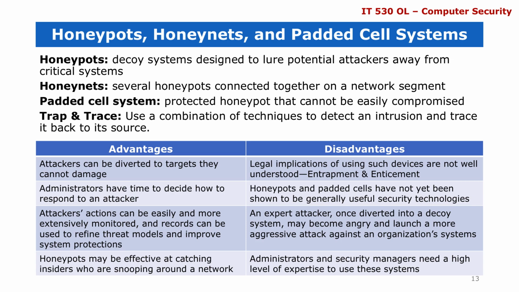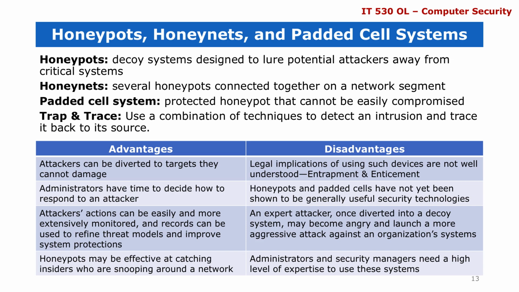That is why it is called the padded cell. In addition to all that protection at the honeypot and honeynet, there is a simulated environment that does not necessarily replicate the exact critical environment, but is convincing enough to the attacker that they are in the network.